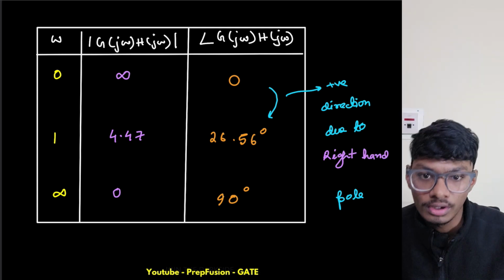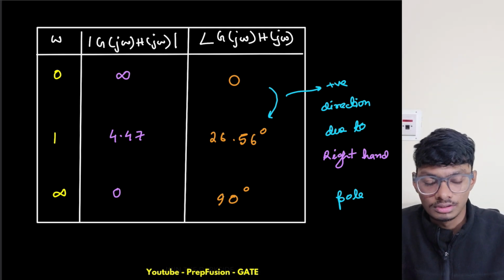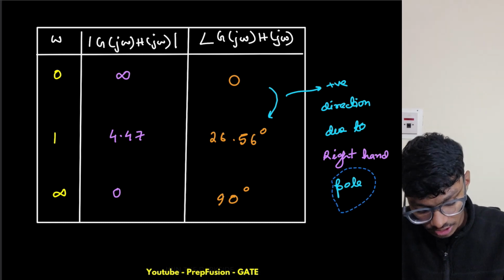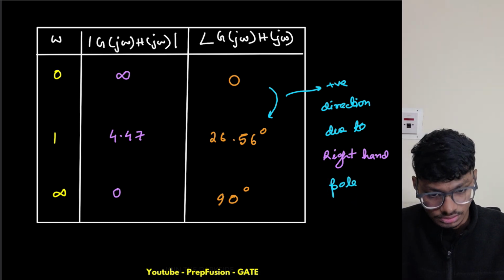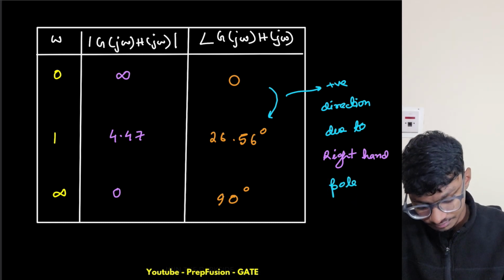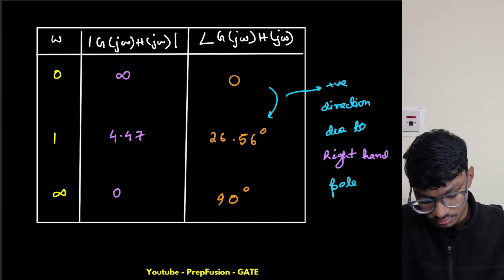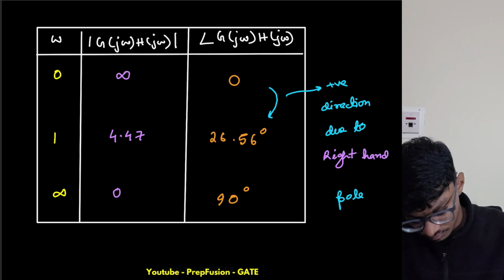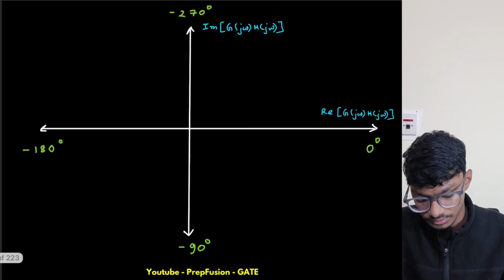If I had a pole in the left hand side, then obviously it would go in the negative direction, but now as I have a pole on the right hand side, it will go in the positive direction. So it is very important to note that. Because I have only one pole, I can mark it like this also.